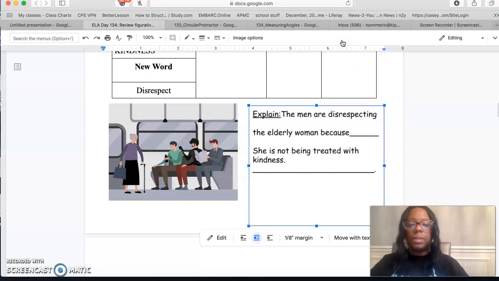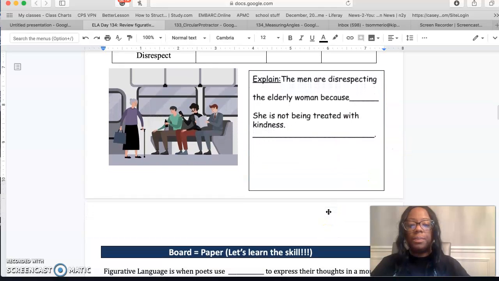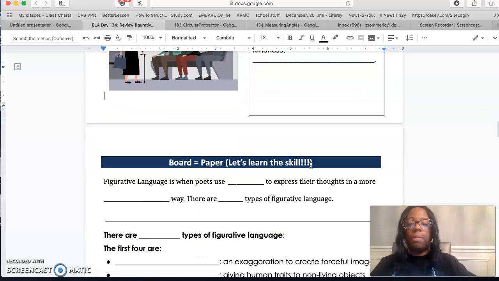We know that it's respectable to give our seats to elderly people, and these guys are totally disregarding her. One guy's in his phone, one is reading a newspaper, and another is ignoring her and drinking his beverage. So make sure if I'm going too fast that you guys go back and pause the video. I definitely want you to get all of this.